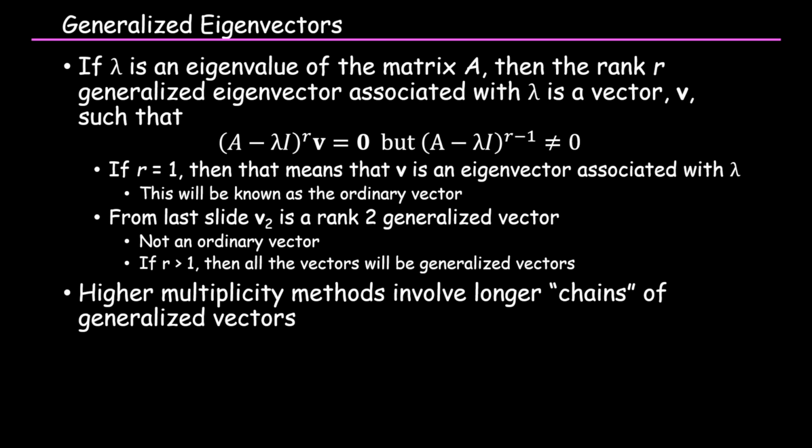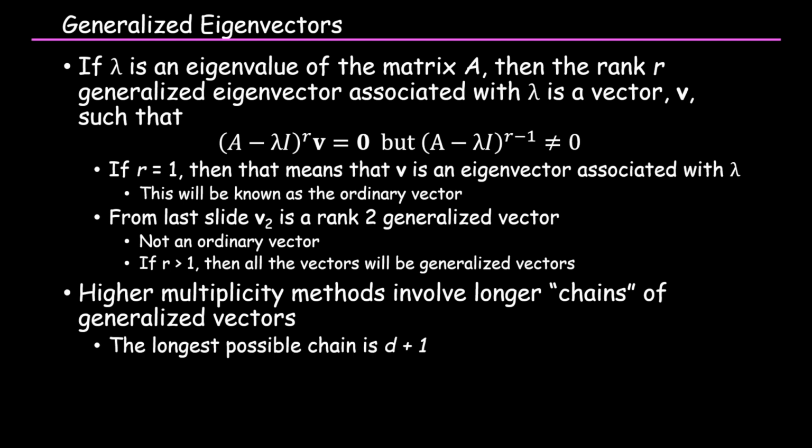What that pretty much means is, if we have a multiplicity of 3, and in our case from the last slide we squared the matrix, it is possible that we end up having to multiply the matrix by itself again. In other words, raise the original matrix to the third power, and then see what we can get from that vector.